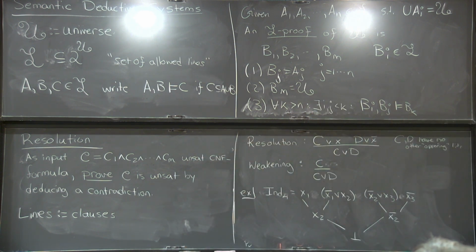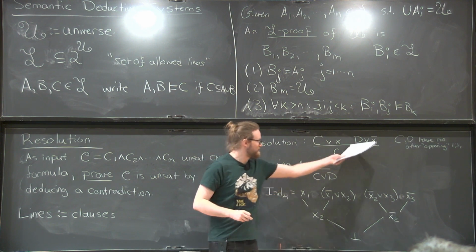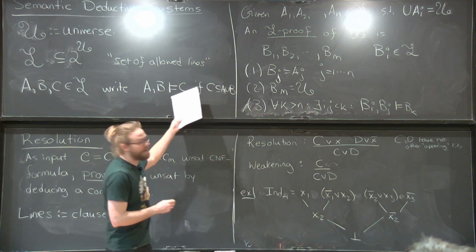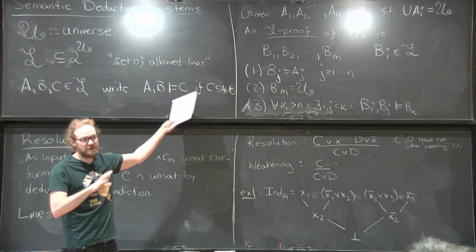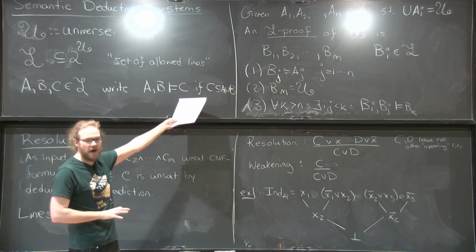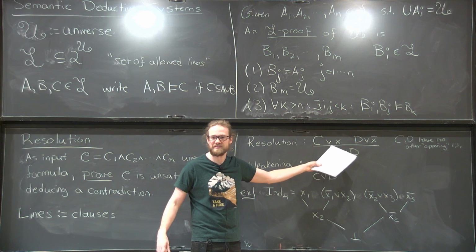Okay. So the one thing that's different is that instead of allowing just deductions by these two syntactic rules, we actually allow any semantic deduction. It turns out for resolution, these two systems are the same. If I allow arbitrary semantic deductions, you can simulate it by this with essentially no blow up.